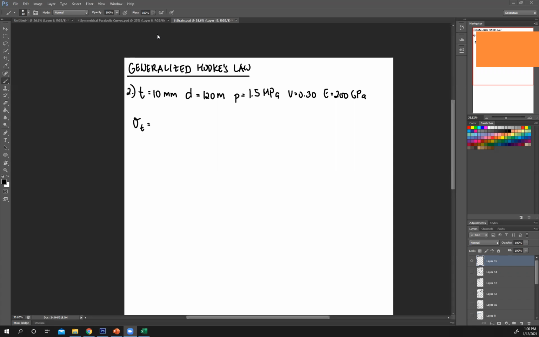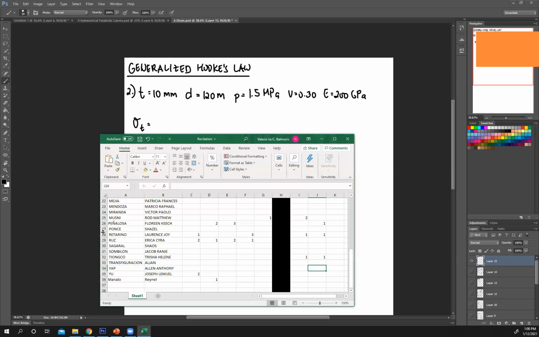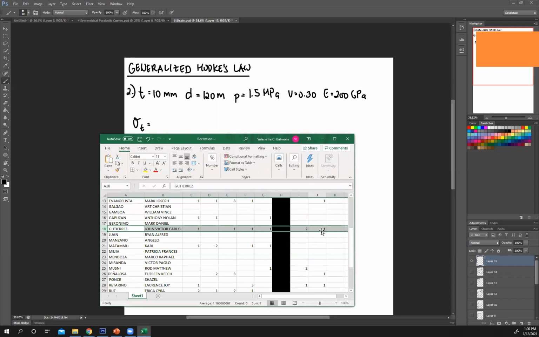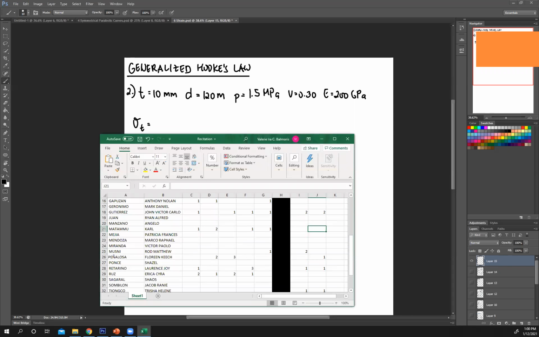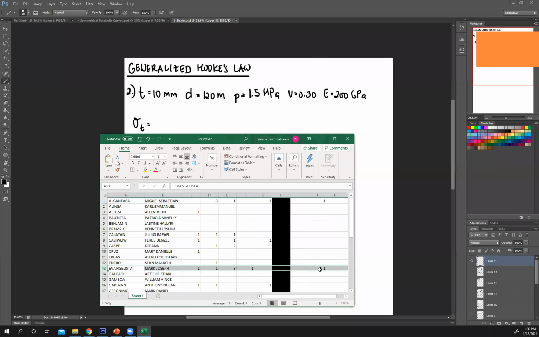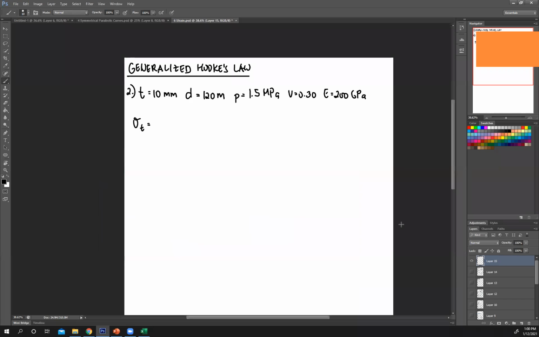What's the equation for transverse stress for thin-walled cylinder? Correct, John. It's PD over 2T. Bigyan na ng point since walang ibang sumagot. Sino yung isa? Bigyan ko na din ng point. Si Mark. PD over 2T.